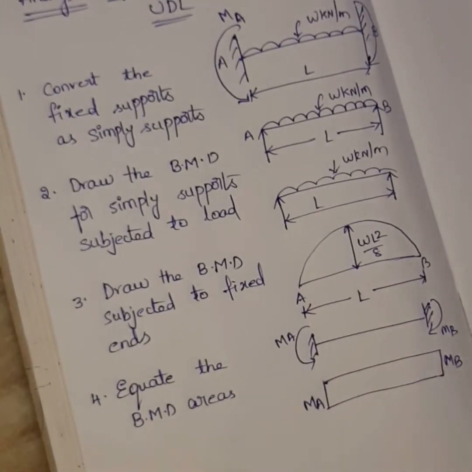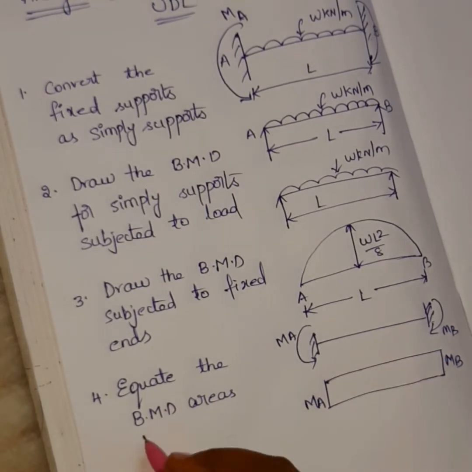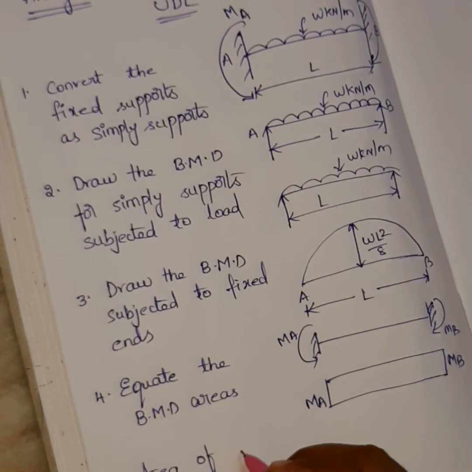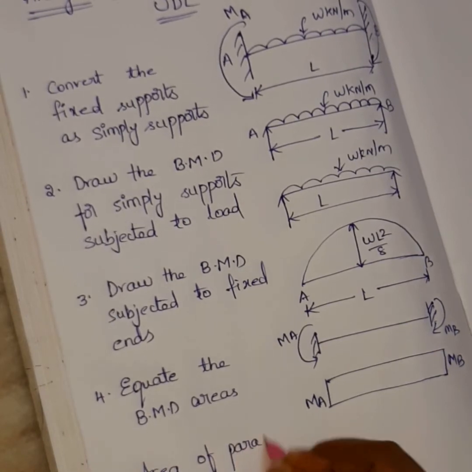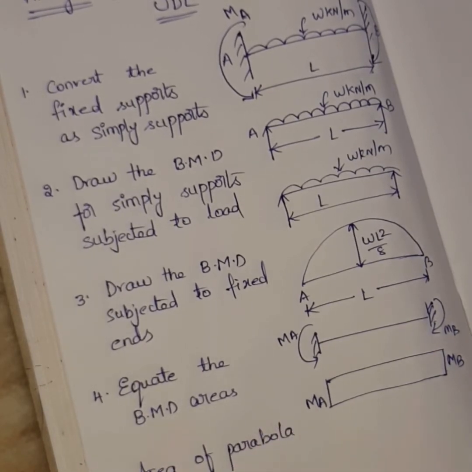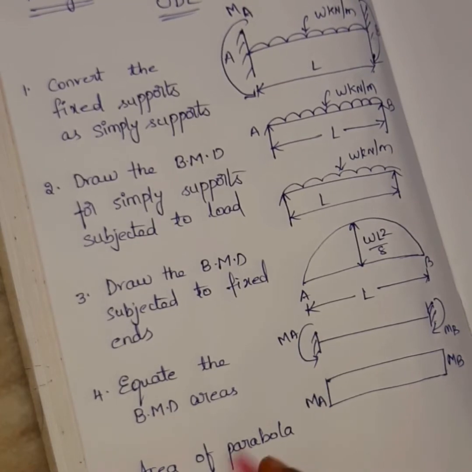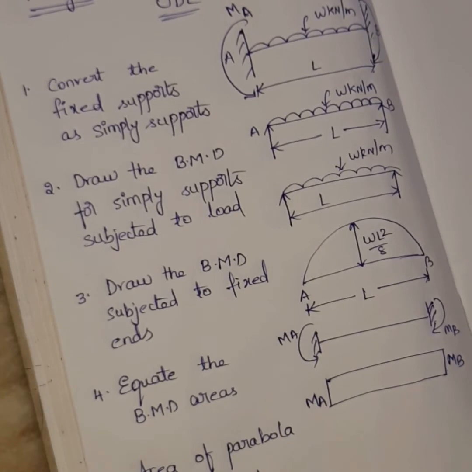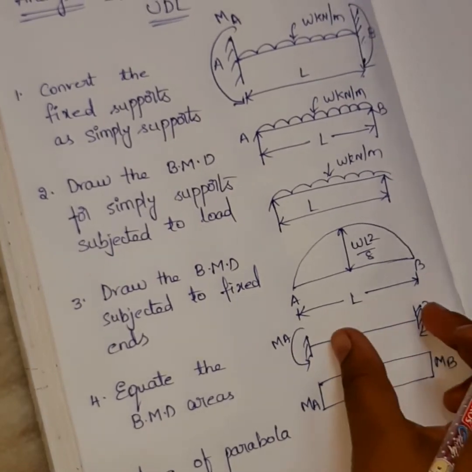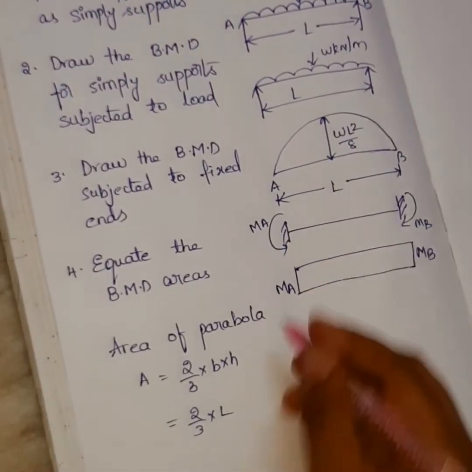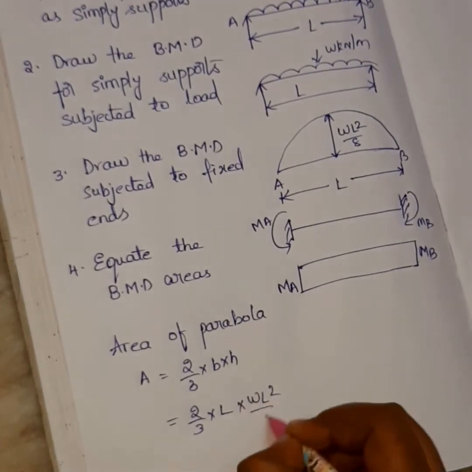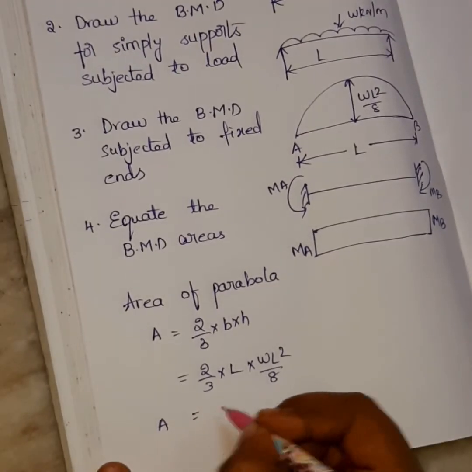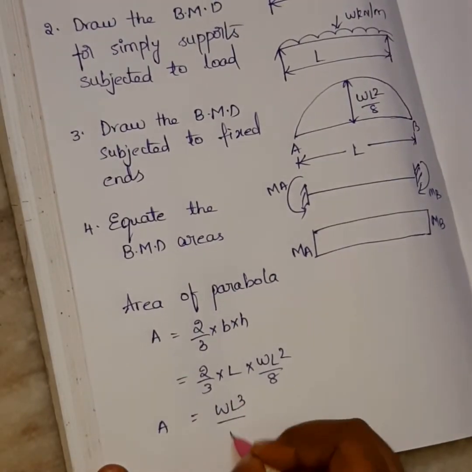First, the area of the parabola is equal to, what is the area of the parabola formula? 2/3 into base into height. The base is L and the height is WL square by 8. So I will get the area as WL cube by 12.